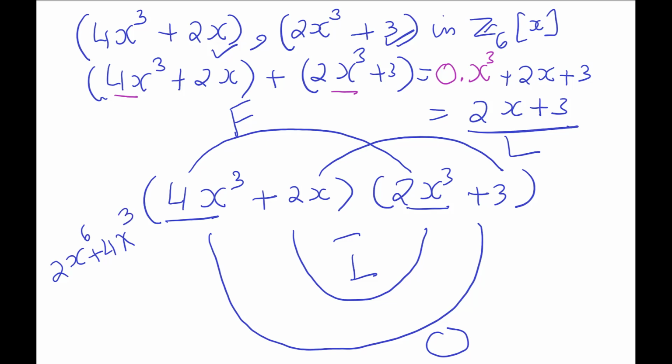The last is 2 times 3, that is 6x, and 6 is 0. So these two multiply to 2x to the 6 plus 4x cubed. We did it just as an excursion, and now we go further.